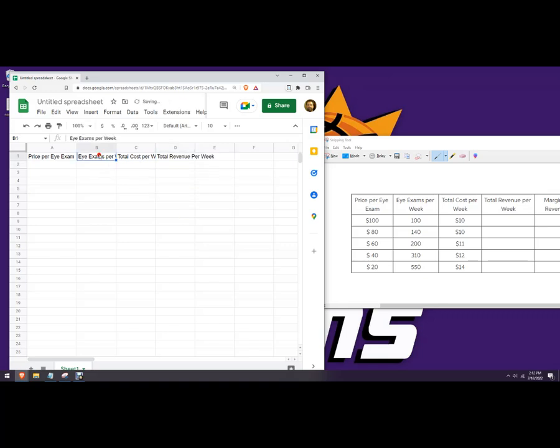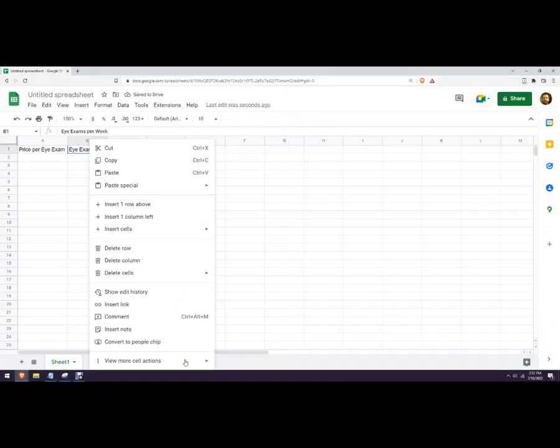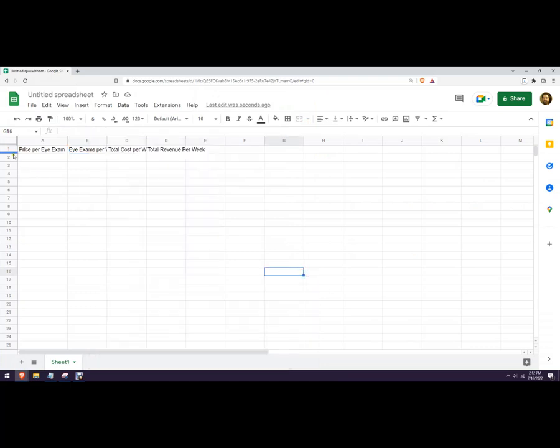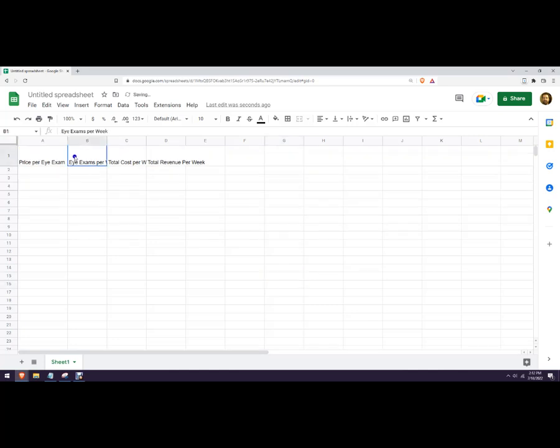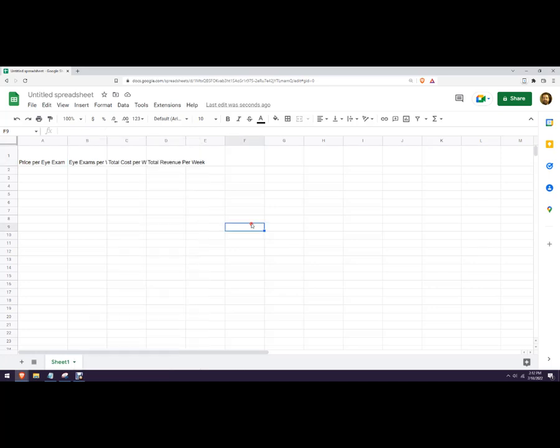Now if I right click on this, I should be able to wrap text in this and then make the column a little bit taller. No, looks like that's easier done in Excel.